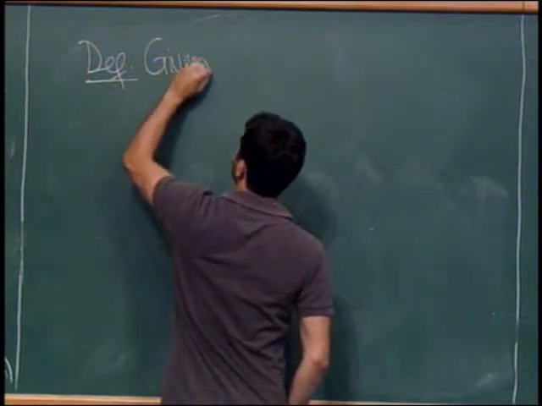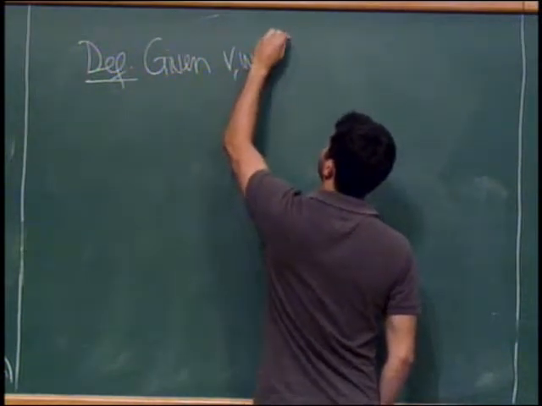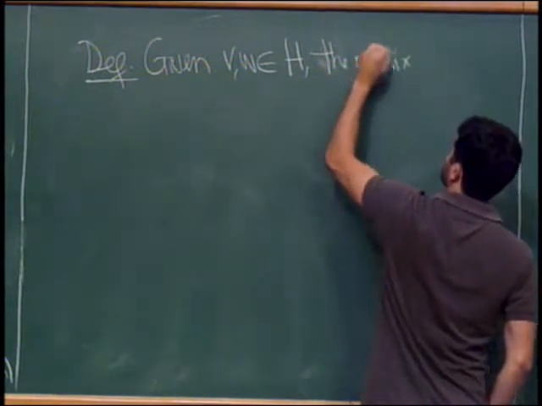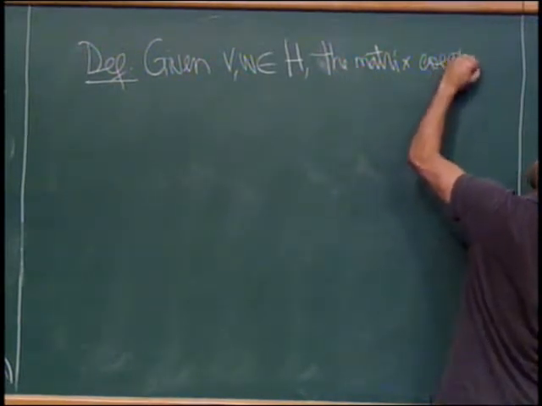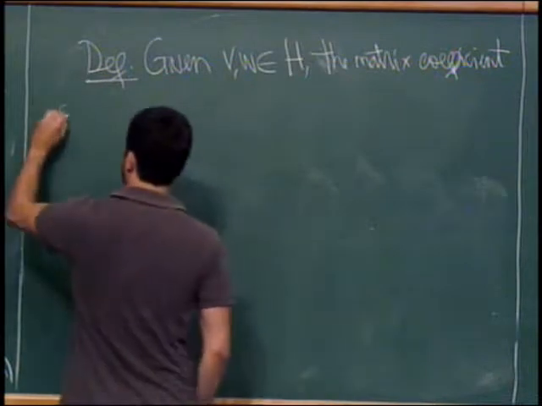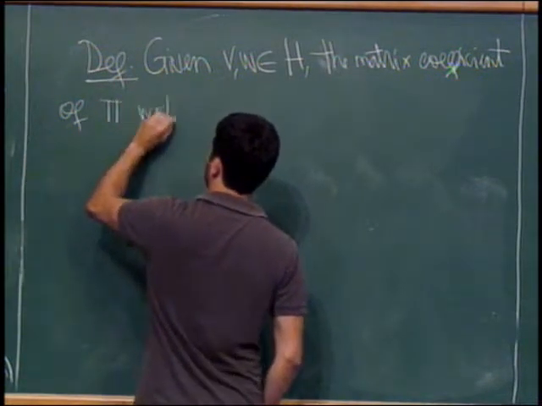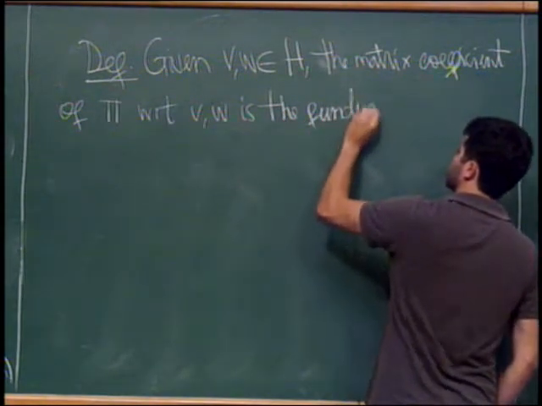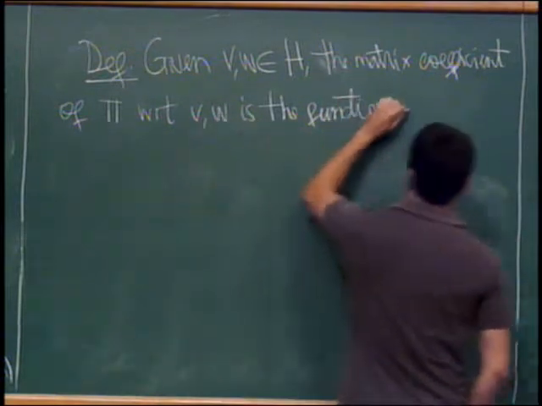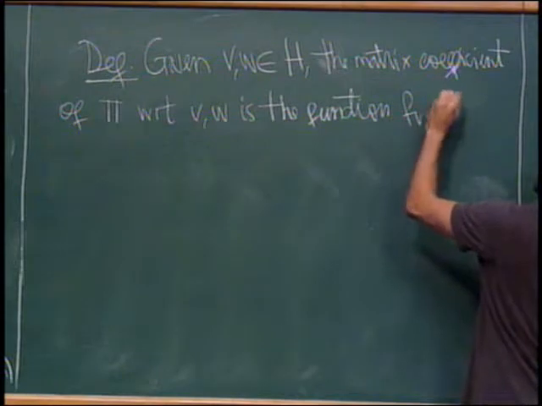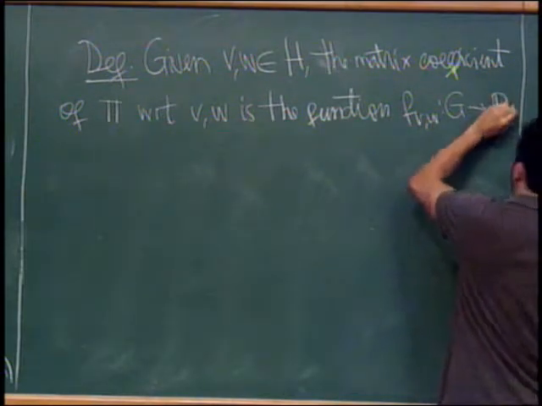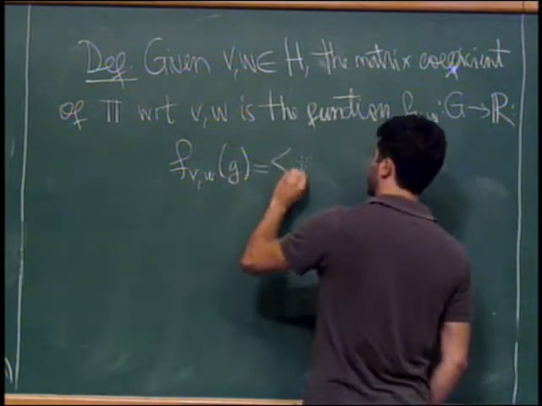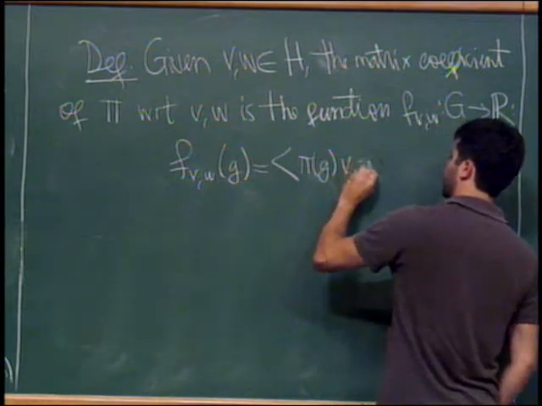Given two vectors v and w of H, the matrix coefficient of pi with respect to v and w is the function f_{vw} defined from G to R, defined by the inner product of pi(g) v, w.